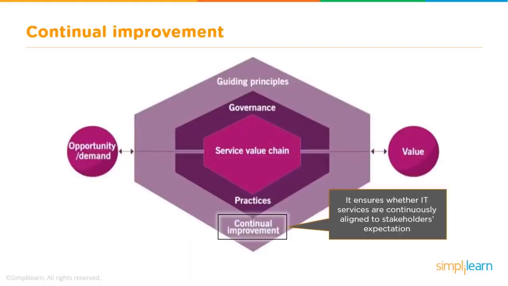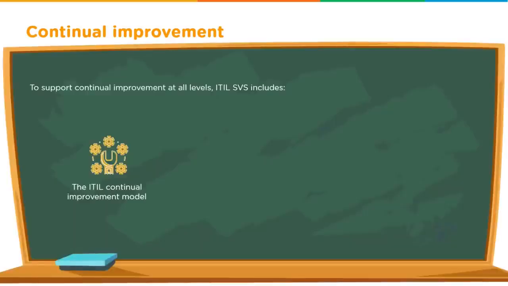So the next component of the service value system is continual improvement. Continual improvement is for the entire service value system, which ensures that IT services continuously align to stakeholders' expectations. We just don't speak about fulfilling the expectations of stakeholders, but going beyond them. It's very important, meaning giving a better service experience.